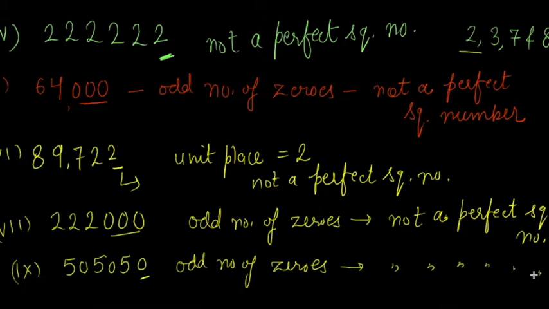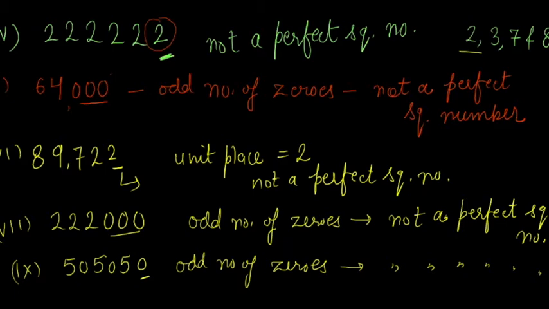So with this question number 2, you have to tell without calculating whether these numbers are perfect squares or not. So we only need to focus on the unit place digit. If these digits are 2, 3, 7 or 8, these are going to be non-perfect square numbers. Otherwise, if it is 1, 4, 9, 6, 5 or an even number of zeros, then it is going to be a perfect square number.